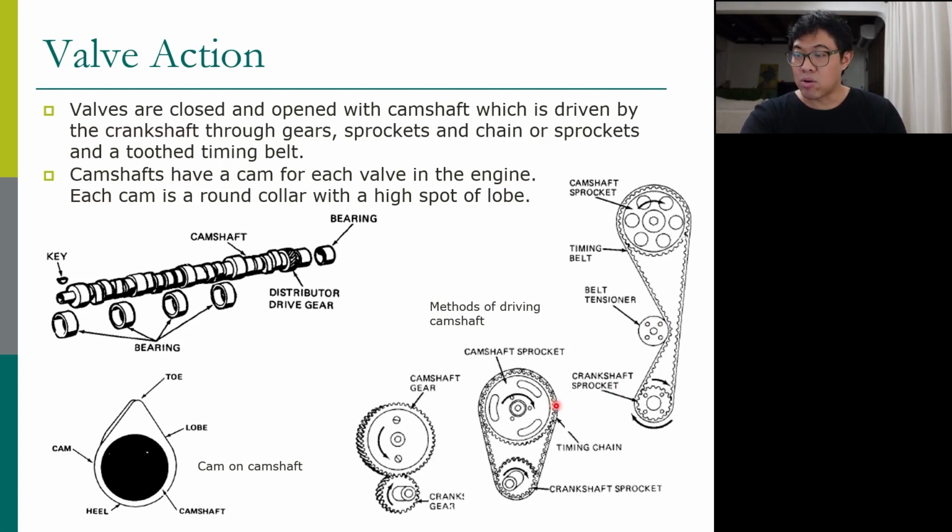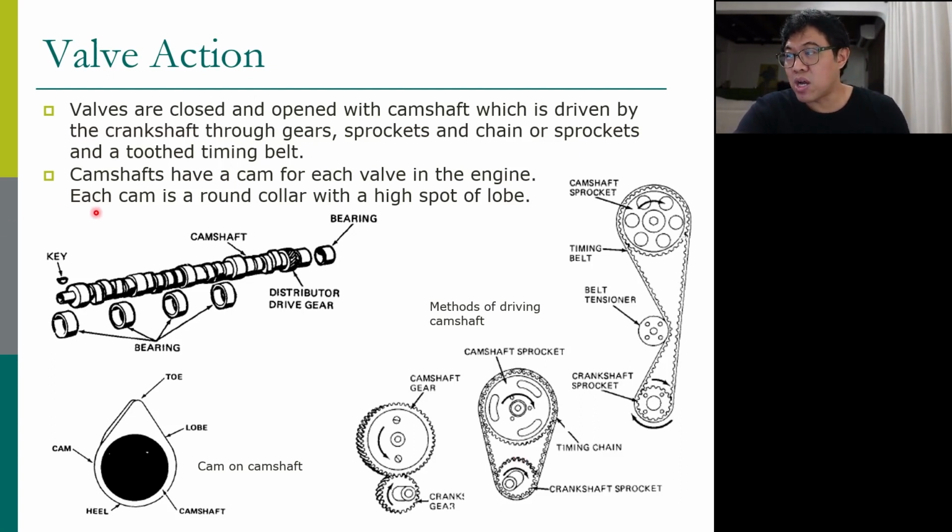Now if you look at the gear and sprocket, you can see that there is a size difference between the two. That's because during one cycle of a four-stroke engine, the crankshaft rotates twice, so two rounds until it finishes one cycle.